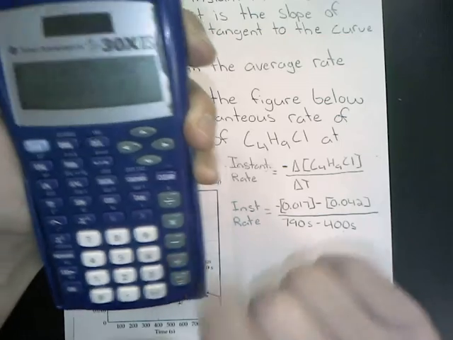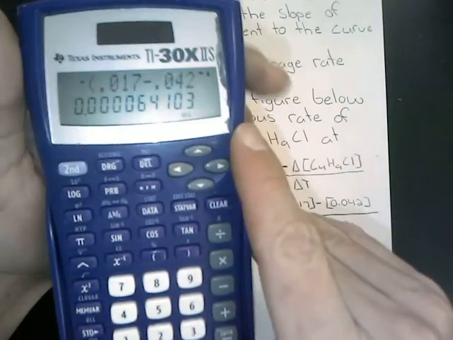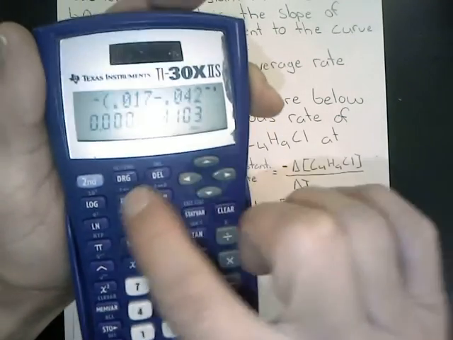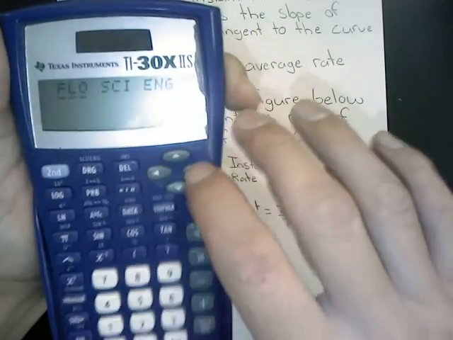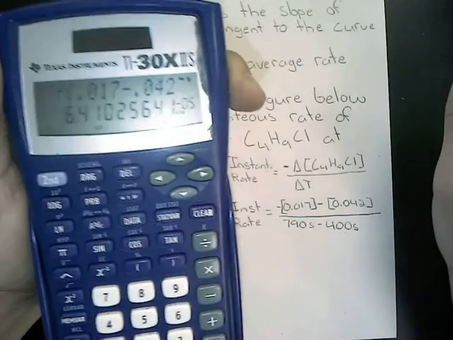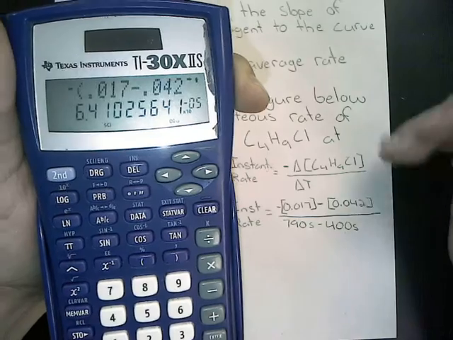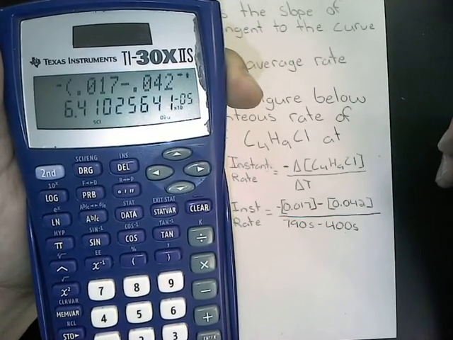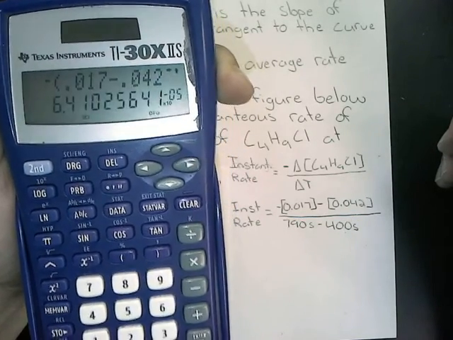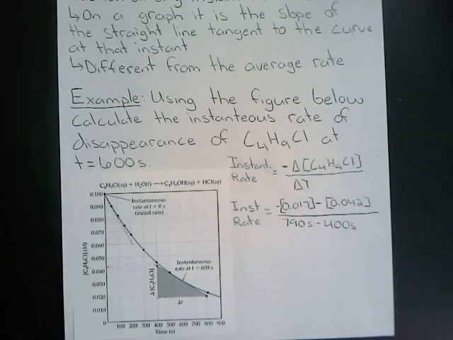Okay, I press enter. Again, I get all these decimals here. In our reaction rate, it's going to start to be a lot easier to use scientific notation. And so rounding to 2 significant digits, I get a value of 6.4 times 10 to the negative 5th.